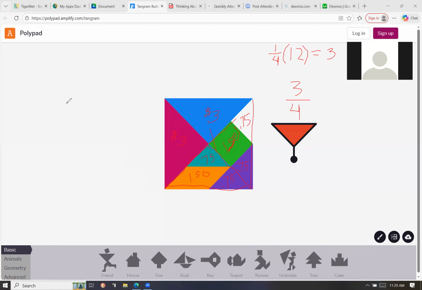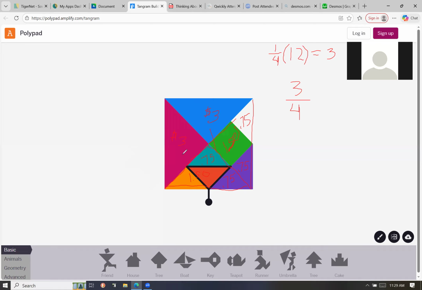Now, how many of these little triangles did it take to make this big $3 triangle? 4. It took 4 of them to make this one, 4 to make that one. So how many triangles total would fill the whole entire thing? 16.